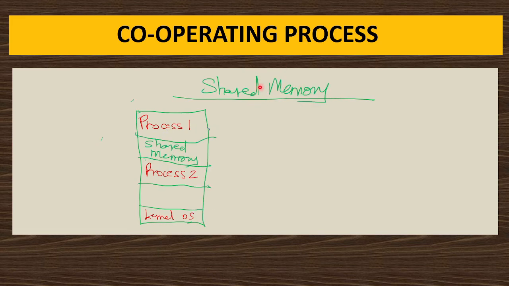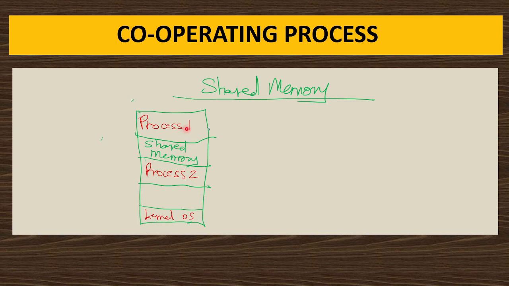Now in shared memory, again, suppose two processes are concurrently executing. That is process 1 and process 2 are simultaneously executing inside the operating system, and this is the kernel OS which is there at the bottom. Now there is one section called the shared memory section. Process 1 and process 2 will communicate using this shared memory section.